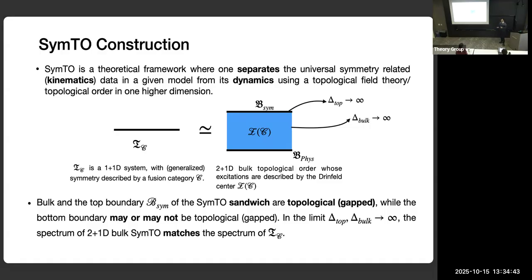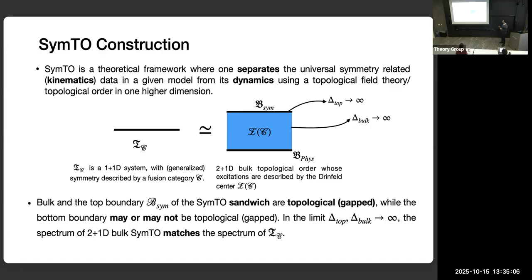But the main idea is the following. This two-dimensional topological field theory is gapped in the bulk. And then this is what's called the sandwich construction, where I'm thinking of some slab of this topological field theory, and it has two boundaries. The top boundary, which I call B_sym, is also gapped. And then B_phys, the physical boundary, I don't specify.